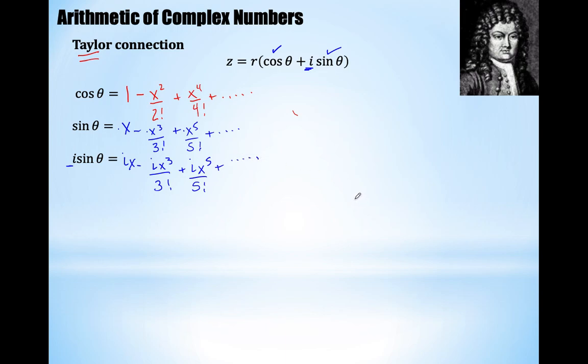Well, way back in AAF, I told you that you can add polynomials together, can't you? Well, you can add infinite polynomials. What if I want to take cosine and add it to i sine? What do I get there? Well, let's see.